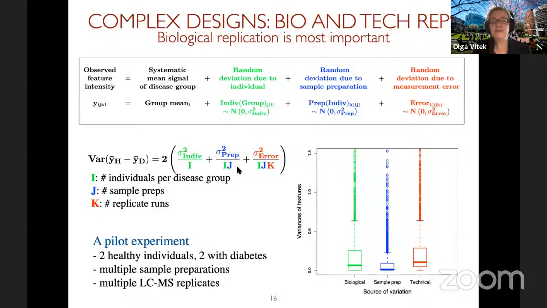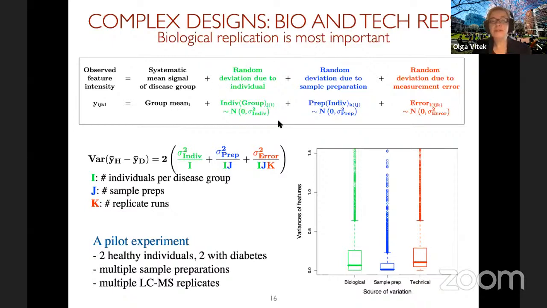And also yesterday we talked about data being independent. So clearly multiple sample preps coming from one individual will be more similar to each other than sample preps coming from different individuals. So this type of extension to the models can account for the fact that our data are not independent. So there is a way to accommodate for lack of independence from known sources.